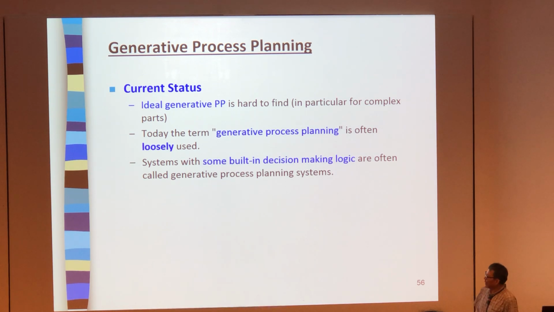Maybe I can foresee that in the future, the problem is actually not only facing these systems. The reason we don't have a so-called perfect algorithm to handle complex parts is because even for us human process planners, we don't have a clear logic to come up with the best solution. The reason is obvious.